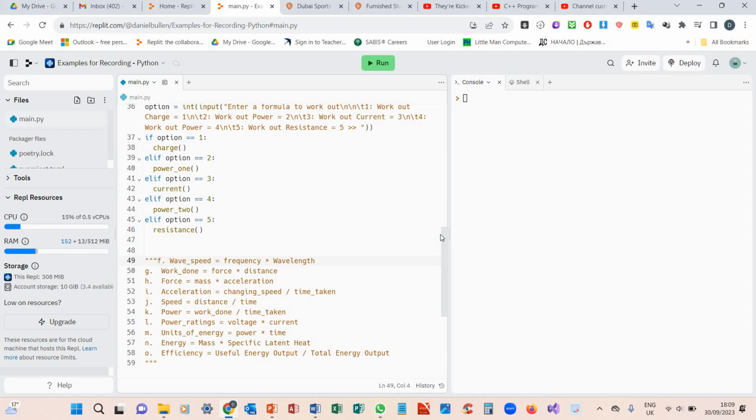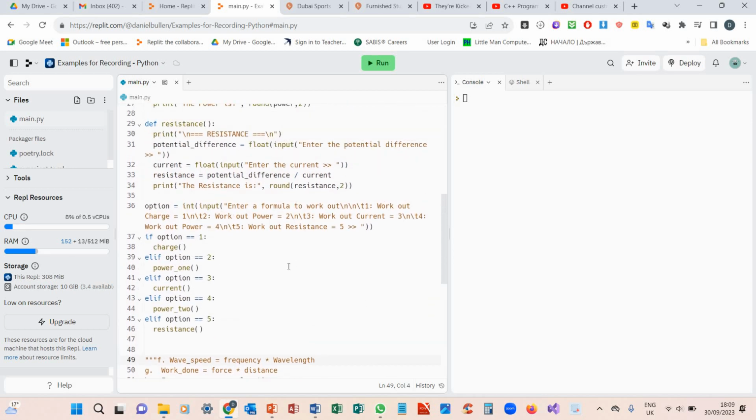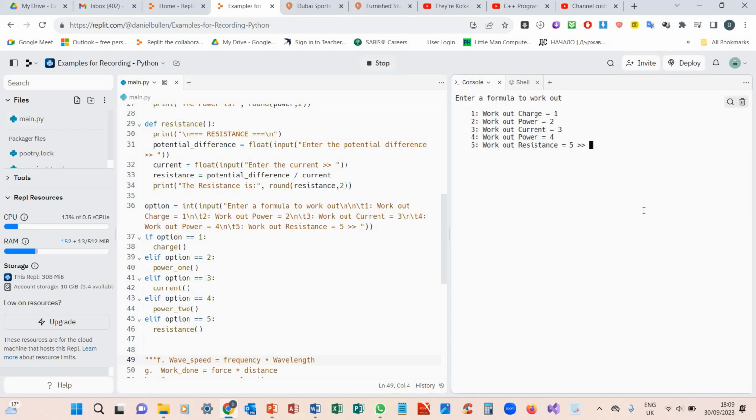So you can see we've got a menu of all the different subroutines. So just press run, press 1, charge, 2.3, and let's say we got 4.5. Put the two together, there's the charge. But we obviously will need a lot more than that.